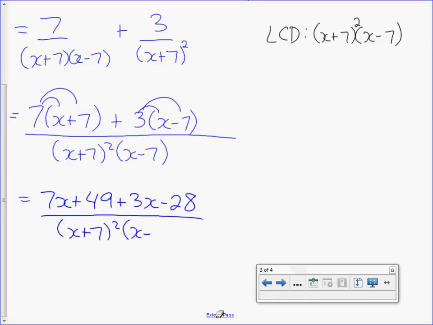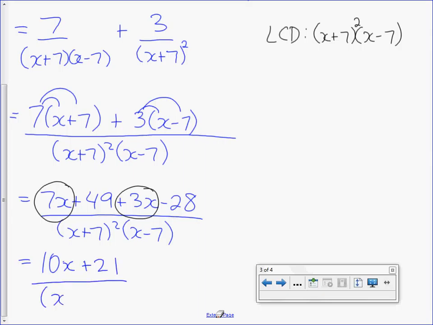Okay, so 7x can be combined with plus 3x to give us 10x. And then 49 minus 28 is positive 21. There we go. Over (x plus 7) squared, (x minus 7). If I could, I would try to factor something out of the 10 and the 21, but I can't. So this would be our answer.